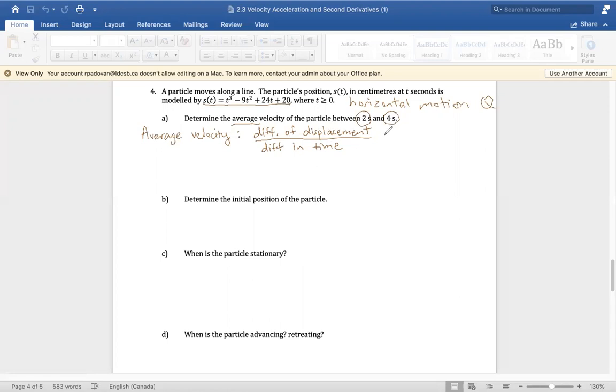So what I'm looking at is the difference in S over the difference in t, the change of S over the change in t, which is S at, remember, usually you pick the larger number first, right? So the displacement function at 4 seconds, minus the displacement function at 2 seconds, divided by the difference in time. Well, the time was 4 seconds and 2 seconds.